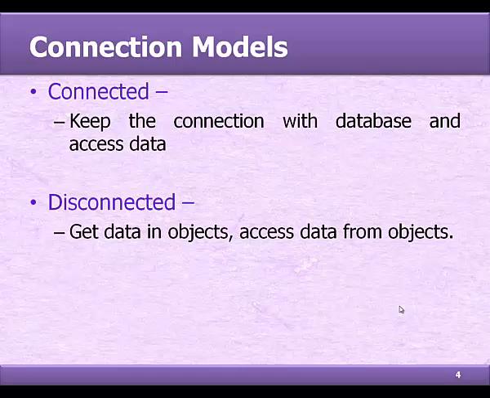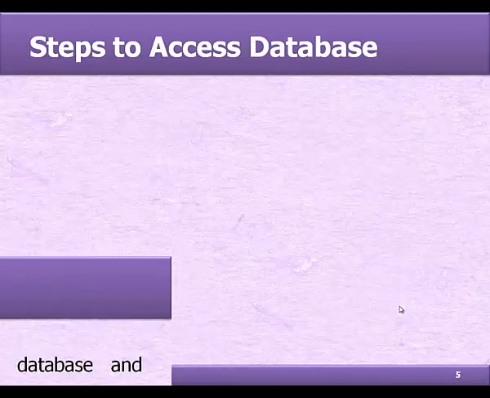The continuous connection has to be maintained in the connected model, whereas in the disconnected model, once the records are collected into the data objects, the connection is removed, and the connection is again made whenever the data is to be updated into the database.